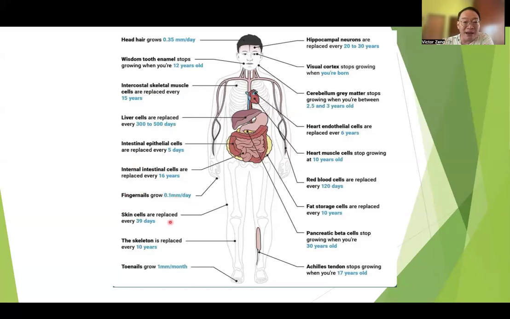Skin cells are replaced every 39 days. The skeleton is replaced every 10 years. Toenails grow 1 millimeter a month. Heart muscle cells stop growing at 10 years old. Heart endothelial cells are replaced every 6 years. Red blood cells are replaced every 120 days. Fat storage cells are replaced every 10 years.